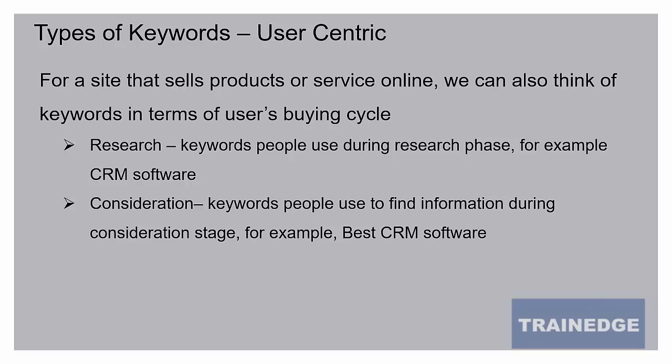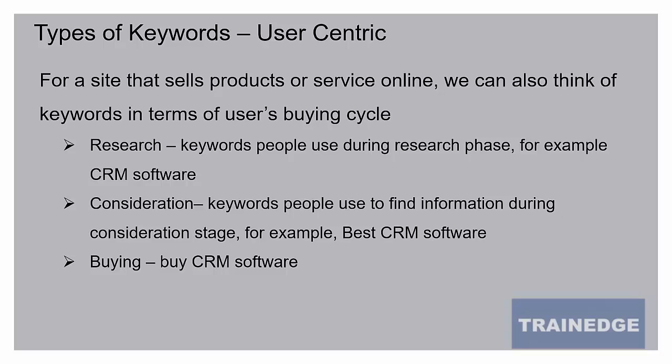Research is when a user is trying to understand more about the problem and what the possible solutions out there are. The consideration stage is when the buyer is now collecting information about solutions that fit his or her need.